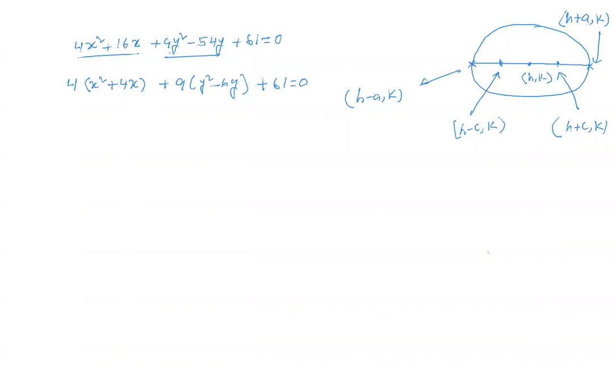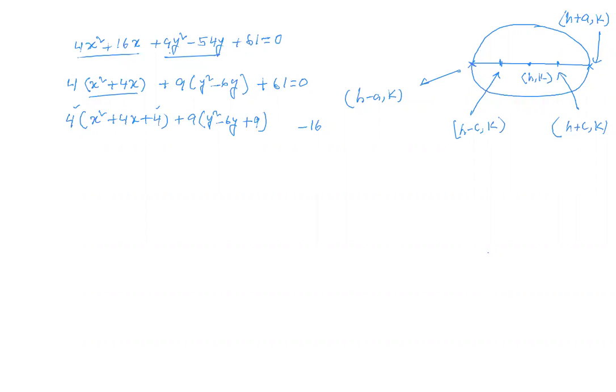Now I'm going to make it a perfect square. I'm going to do x squared plus 4x plus 4. So adding a 4 inside the parentheses is like adding 16 because 4 times 4 is 16, right? So I'm going to subtract 16. Plus 9 times y squared minus 6y plus 9.